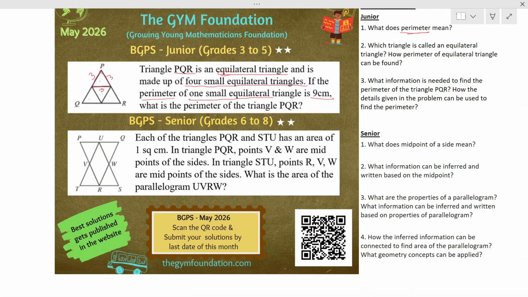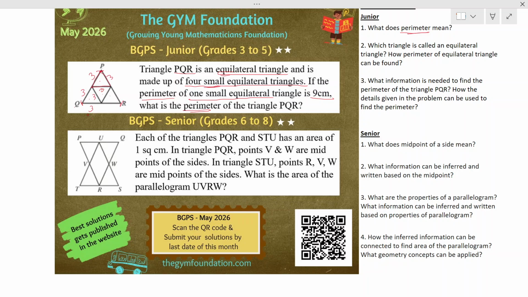What is the question that is asked? The question asked is the perimeter of the entire triangle PQR. As you know already, the perimeter is the side lengths added together. If this is 3, then all four small equilateral triangles are the same, so all of them should be 3 centimeters.